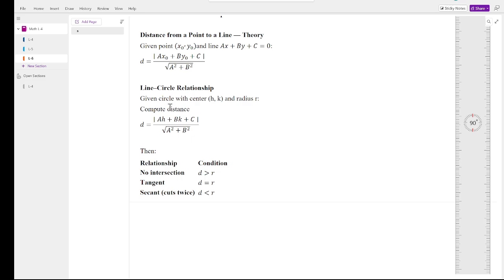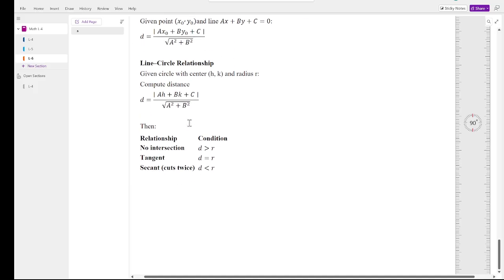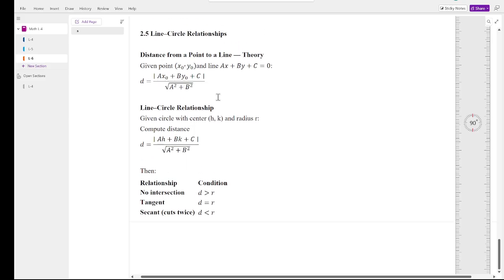If the line touches the circle, then the distance from center to line should be the radius. At first we check the example.